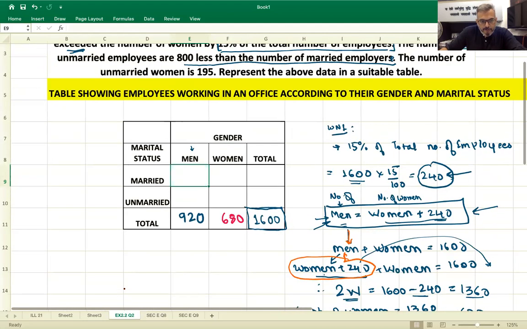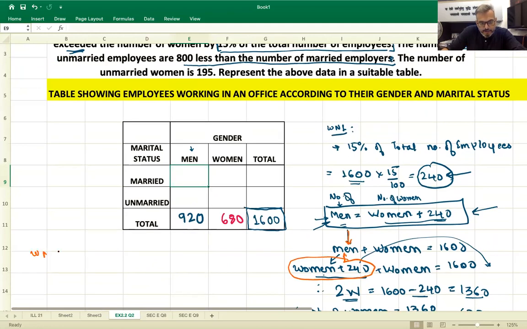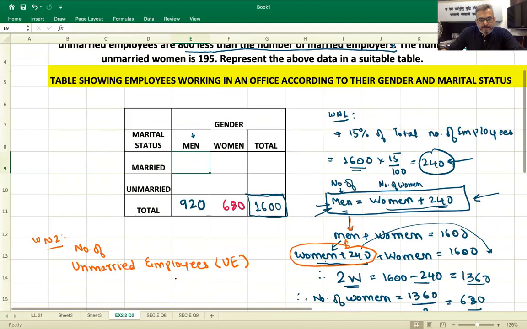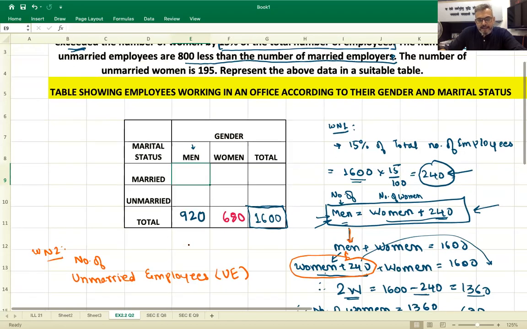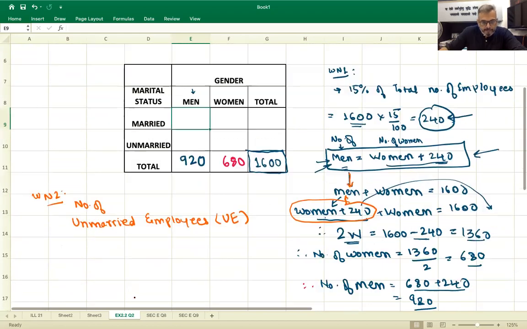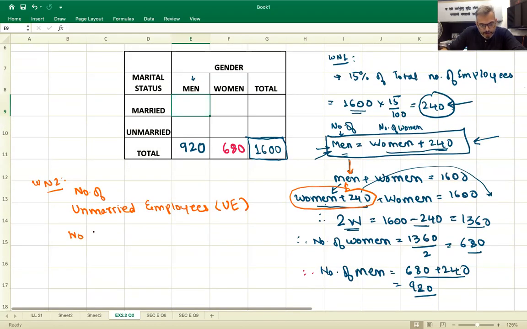So, working note number 2, number of unmarried employees I will take as UE, are 800 less than the number of married employees.